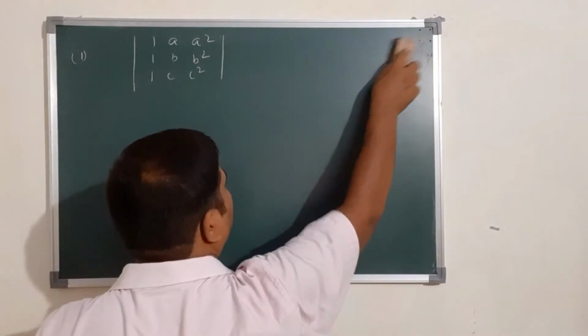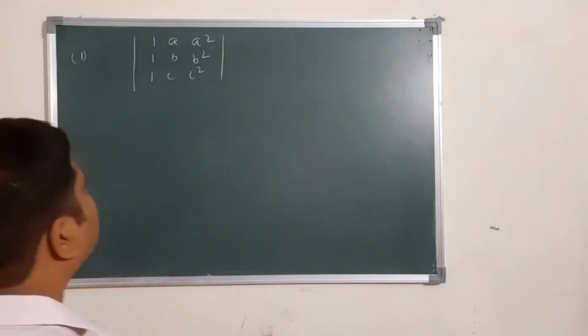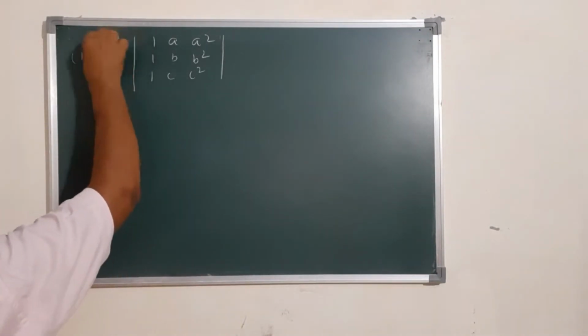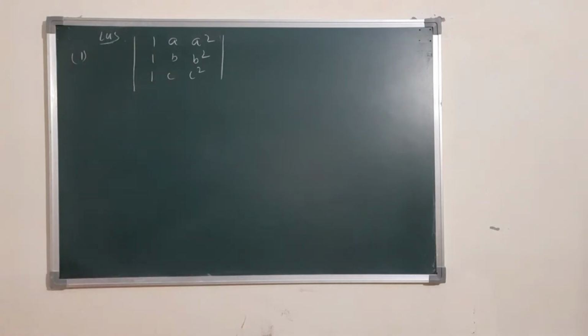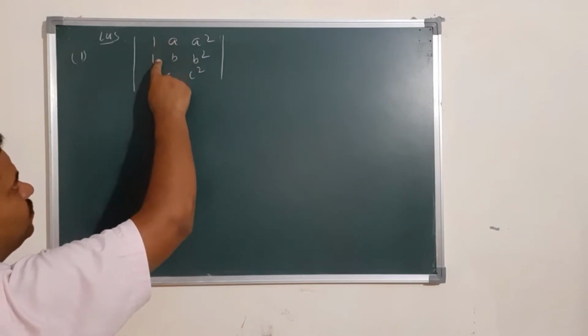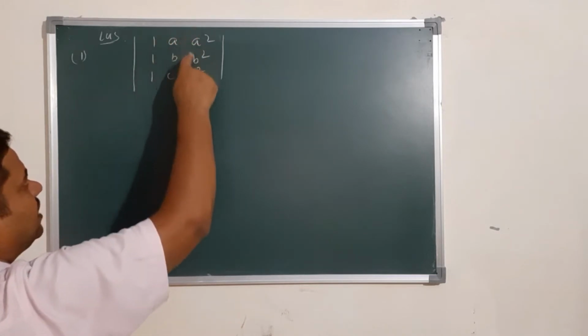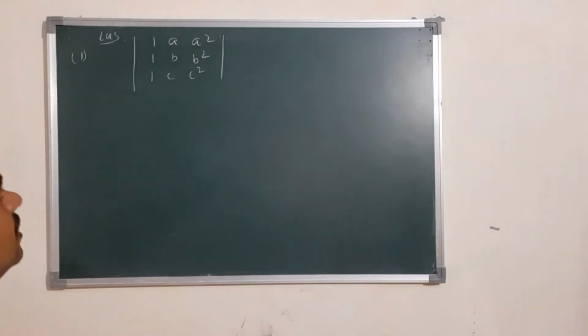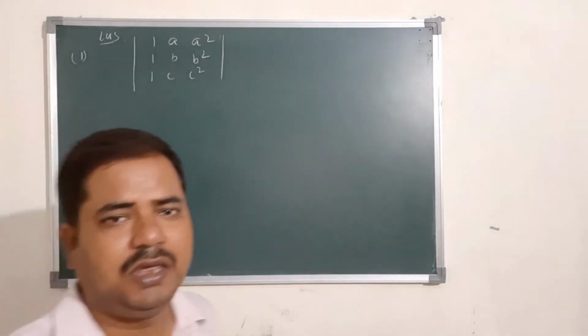Now taking LHS, we have the first rows 1 a square and 1 b square. If we subtract, 1 minus 1 is 0, and a square minus b square, so we need to take common a minus b.